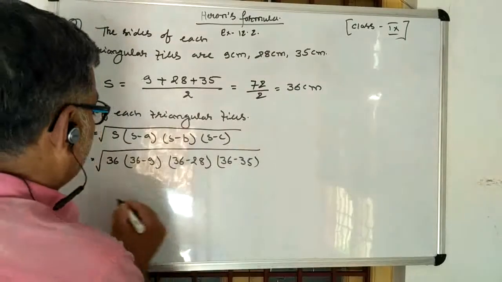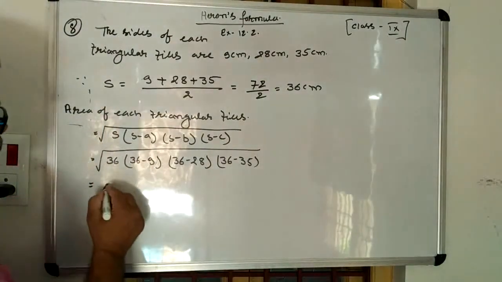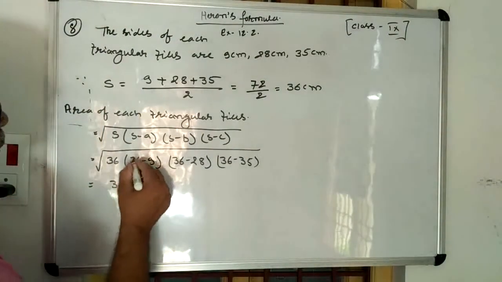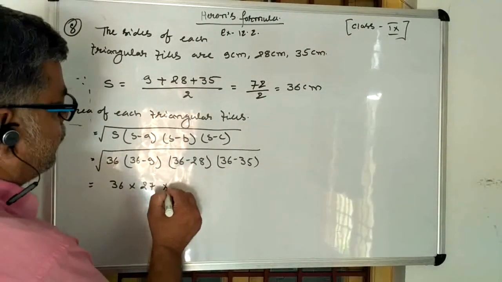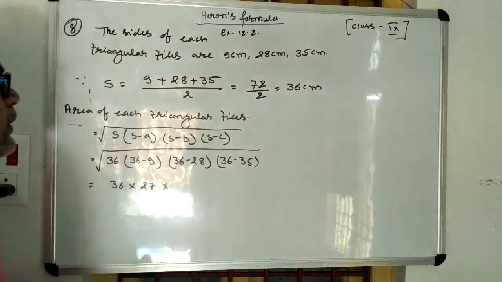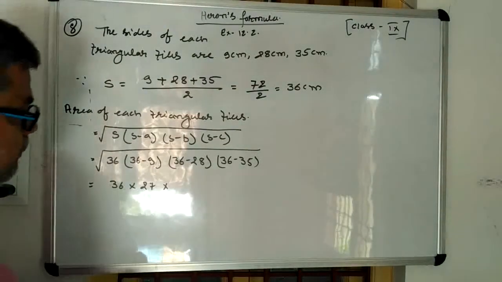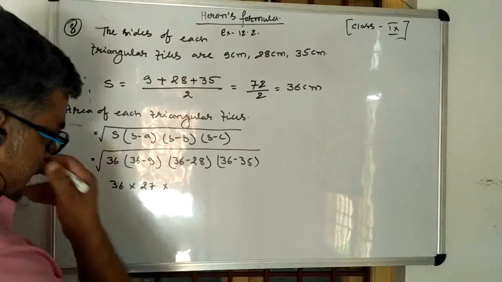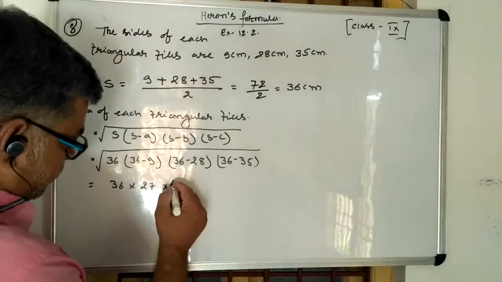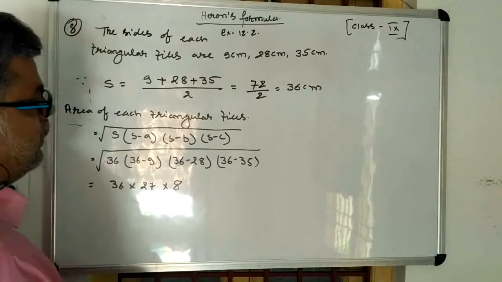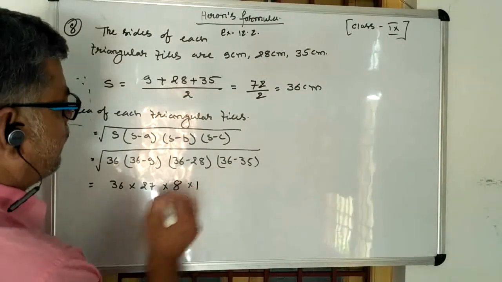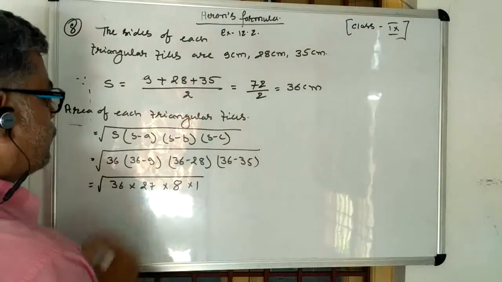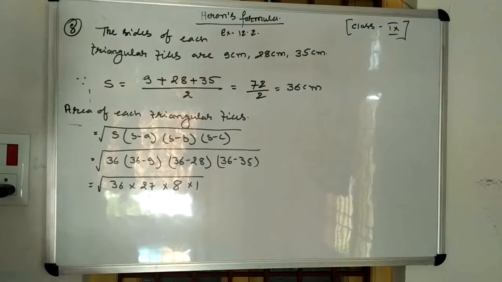On simplifying, we have 36 into 27 into 8 into 1, because 36 minus 9 is 27, 36 minus 28 is 8, and 36 minus 35 is 1.